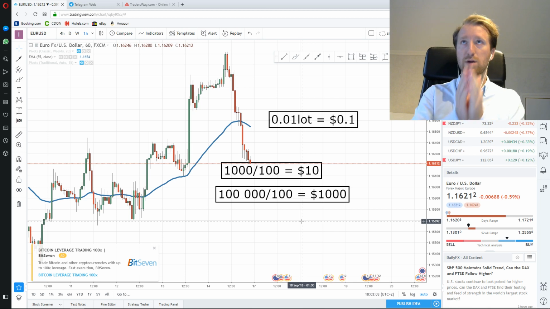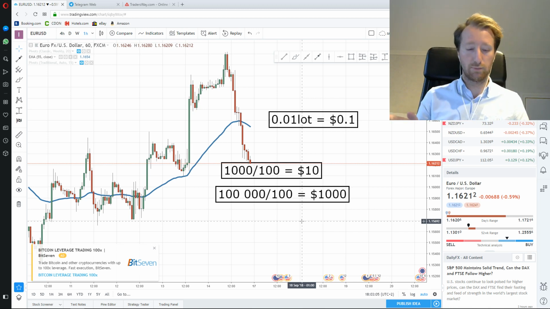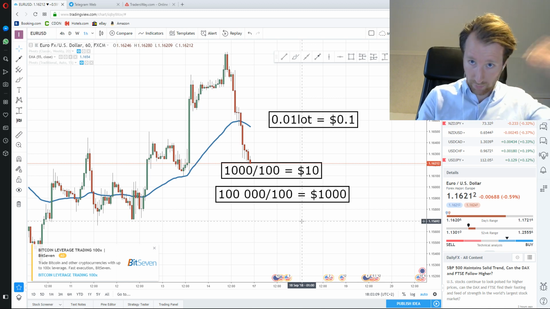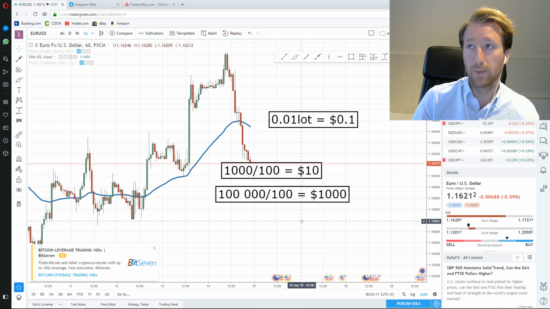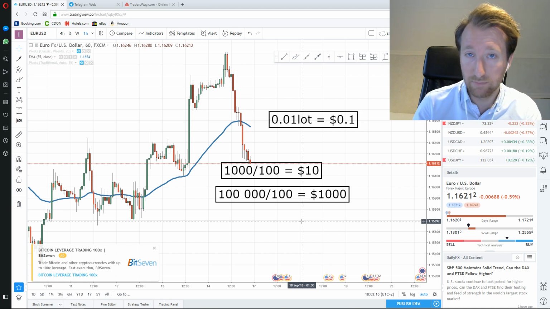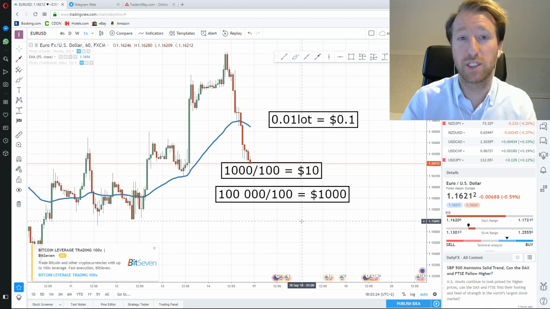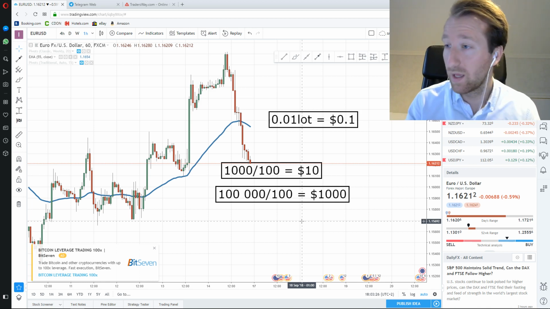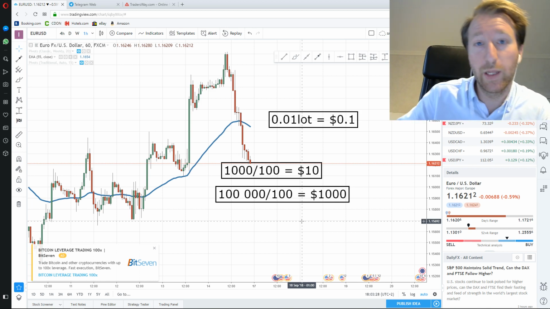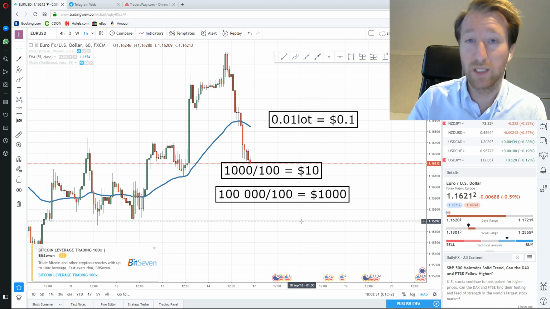So the higher leverage ratio you have, 200, 300, 400, whatever it is, the less you will need to risk in the market, and the more likely you are to survive, because the less risk you take, funny enough, the more likely you are to be profitable.